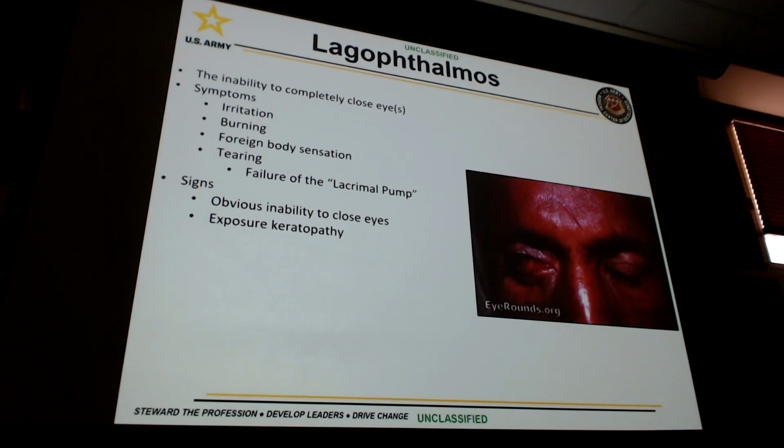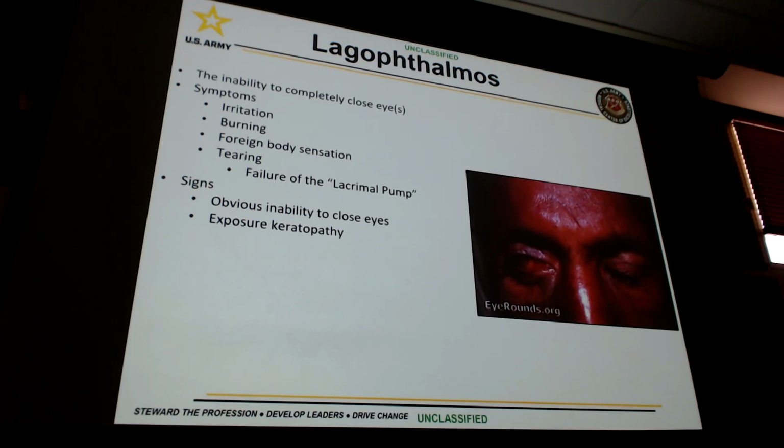Why does it tear if you can't close the eye? You don't really have anything in the eye. Why are we tearing? Yeah, so, yes. The lids, you recall, act as kind of a squeegee to spread that tear film around.